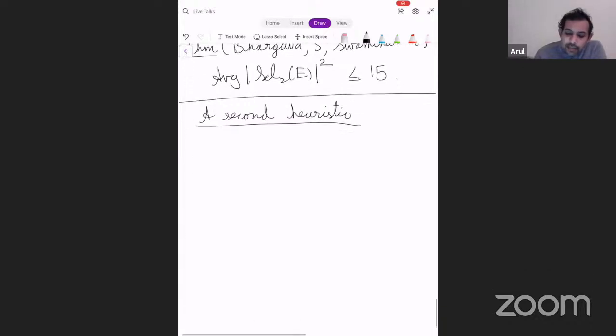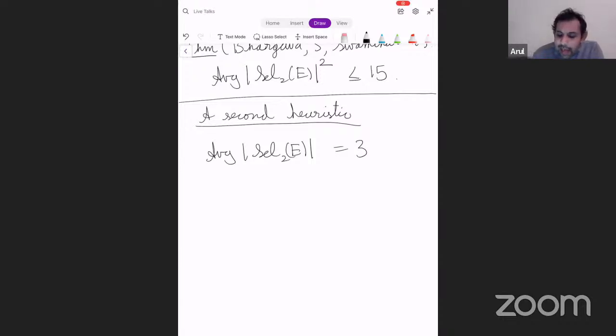So let's take as granted, especially because it's been proven, that the average size of the 2-Selmer group, not the square, but just the average size, is equal to 3. Now we want to try and predict what the second moment is, given that we know the first moment. So here's how we're going to do it.